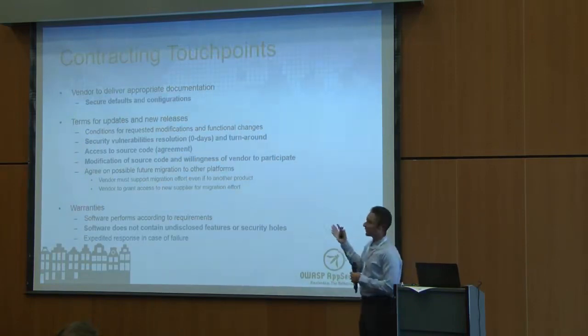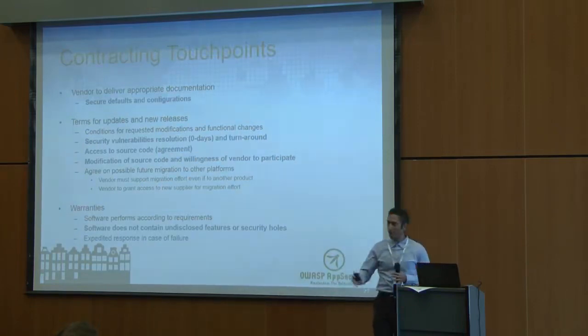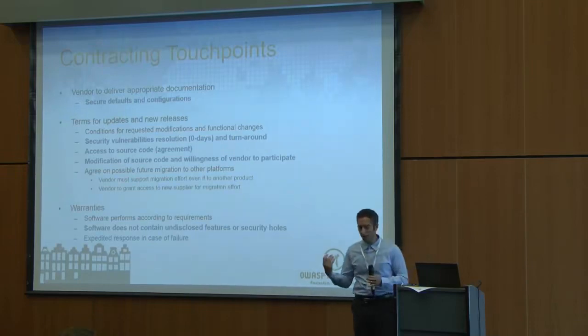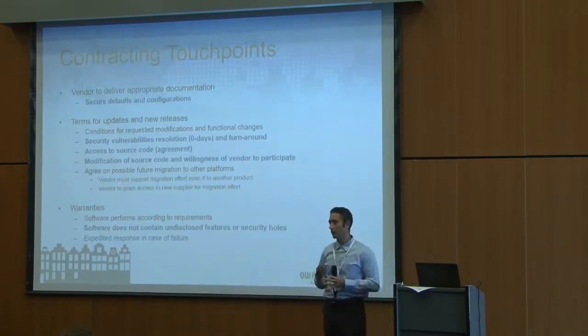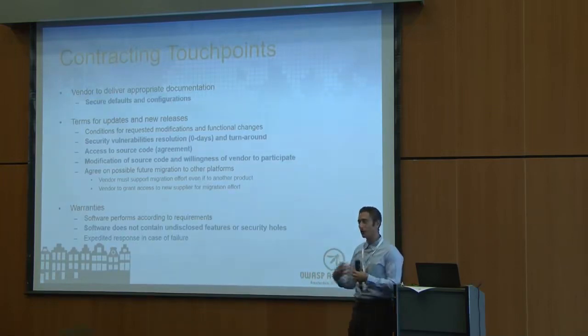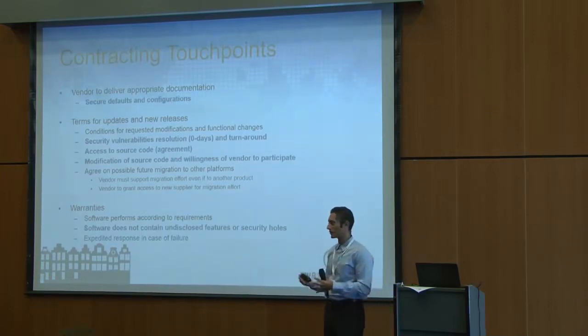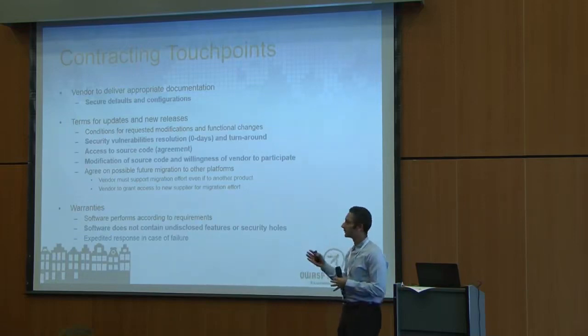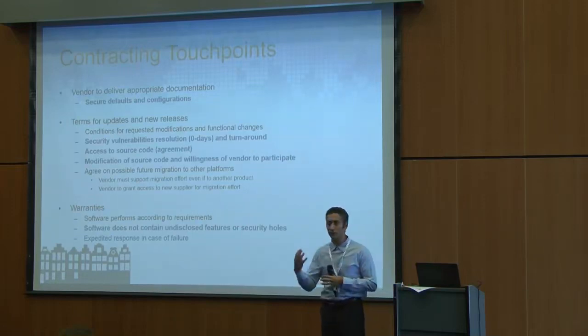Since we're in the contracting phase now, we've gotten the RFPs, we've gotten the proposals, we've reviewed them, we've decided which ones make the grade, and we start to contract with that supplier. Some of the touch points you want to consider include ensuring the vendor will provide you with the proper documentation.